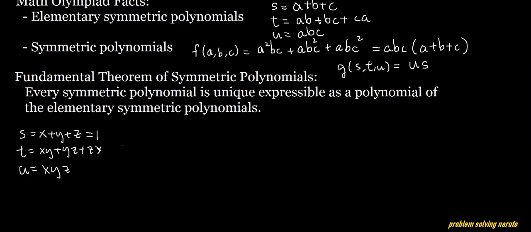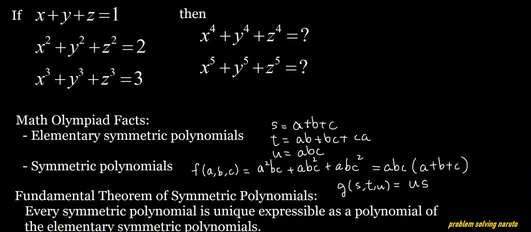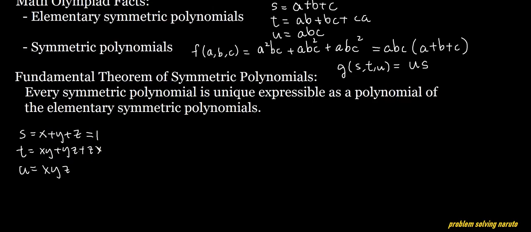What about T? Well, where can we get T? You square S. You square this. Okay, square this expression. So you square it, you get x squared plus y squared plus z squared plus 2xy, 2yz.